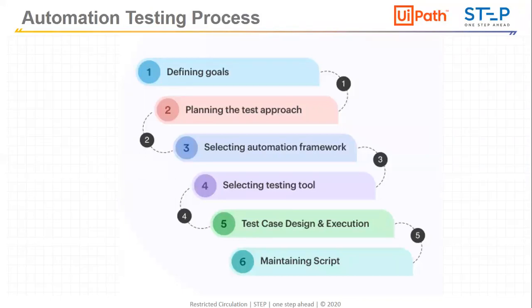I need to test the test cases, or do the regression, by using automation testing. But I'm not clear about my goals. What I need to test, which test cases I need to test, what the scope is, which I will keep manual and which I will move into automation. That I need to define. So defining the goals is very important.